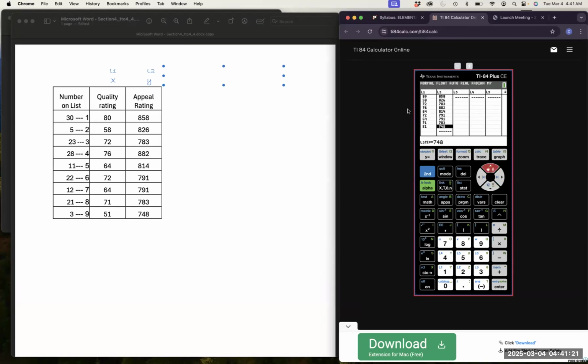Okay, so my data is all lined up, and I went slow to make sure that I have all the values that I need to have.